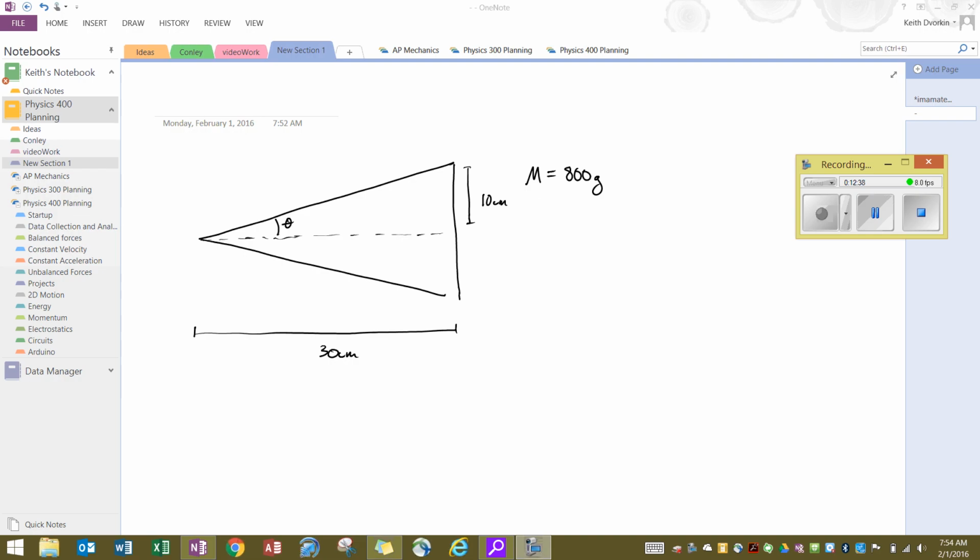Okay, so let's say we have this triangular sheet of material, and it's all the same thickness and it's all made out of the same stuff. It's 30 centimeters long. So the triangle is 30 centimeters long. It has a base of 20 centimeters. And let's say that this thing had a mass of 800 grams, and we're trying to locate the center of mass of this thing.